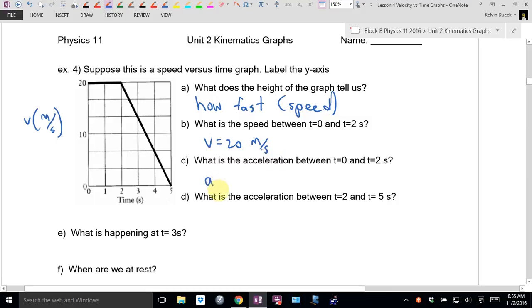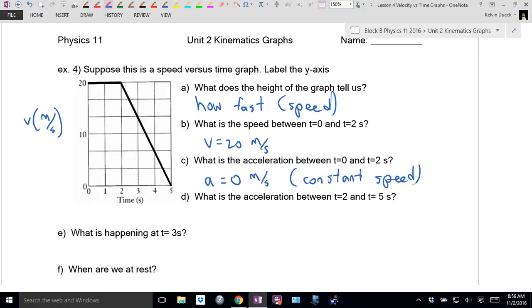What's the acceleration between 0 and 2 seconds? Because where does acceleration show up on a velocity versus time graph? Slope. Fancy word we would then say is, hey, constant speed. What's the acceleration between 2 and 5 seconds?